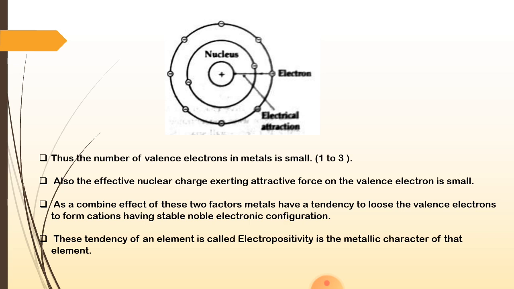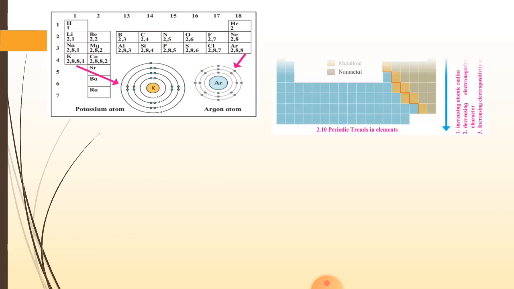This tendency of an element is called electropositivity. Electropositivity is the metallic character of that element. So, as I told you yesterday, electropositivity means losing of electron, forming cation, and it is the metallic character of the element. Remember these 3-4 keywords.